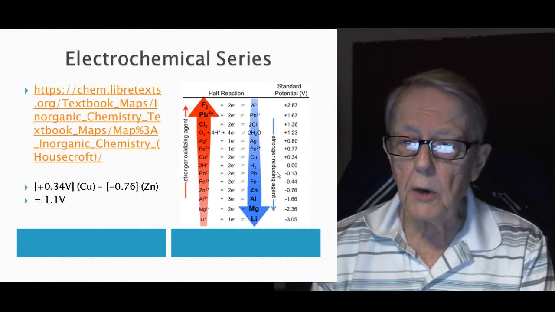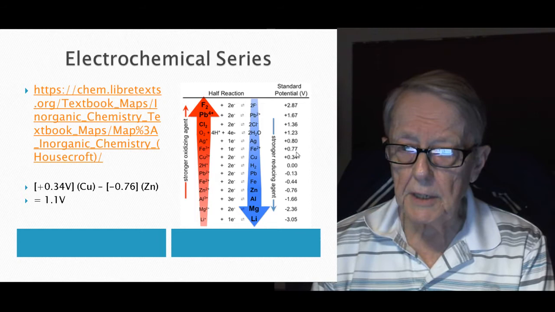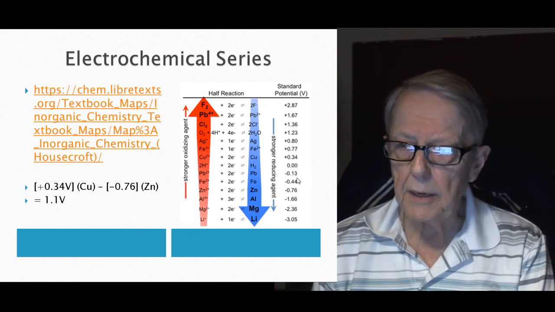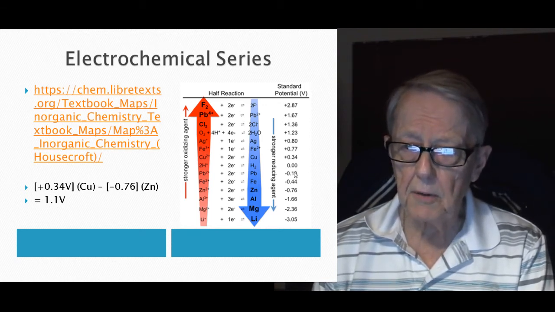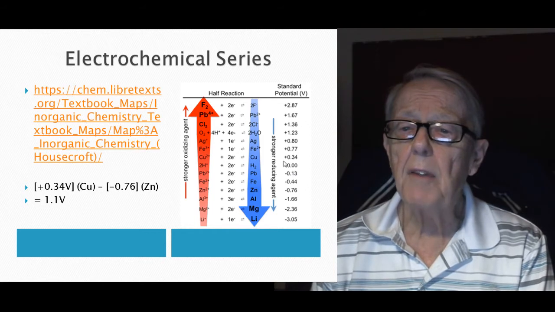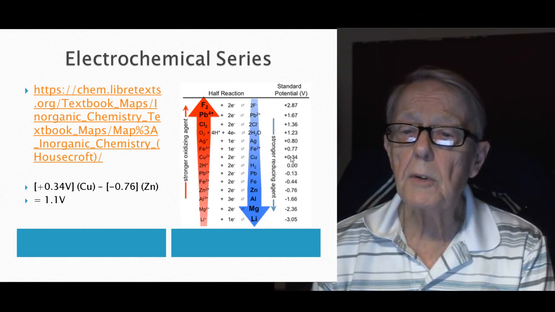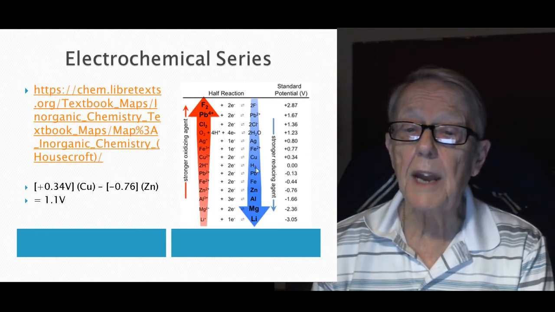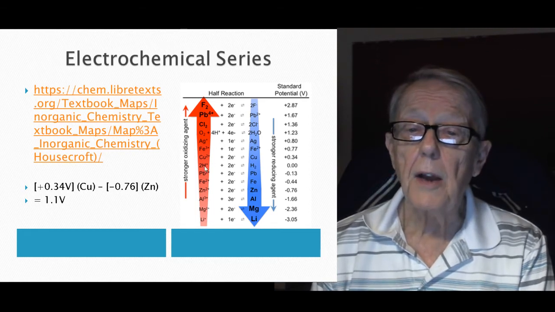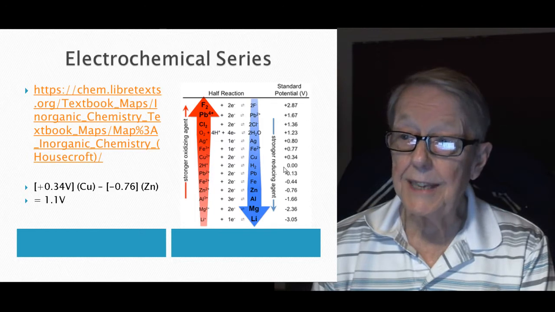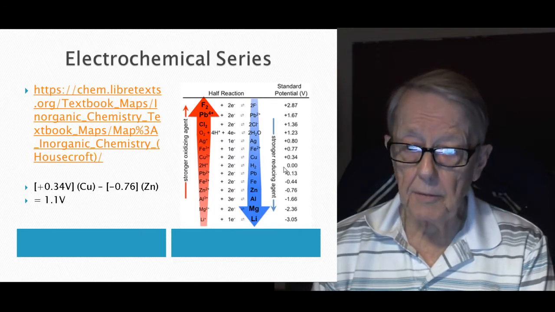What's interesting to note about this list is that when each metal individually is put into an electrolyte, it has a voltage rating, and that voltage rating is centered, if you will, around hydrogen gas, or the hydrogen ion. And that has a 0 volt value.